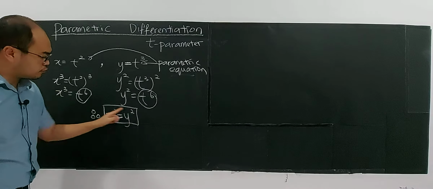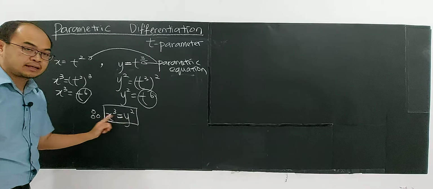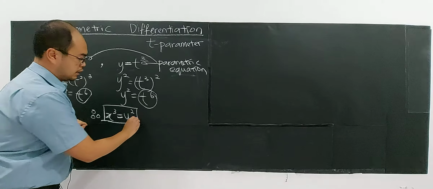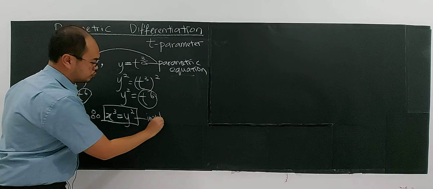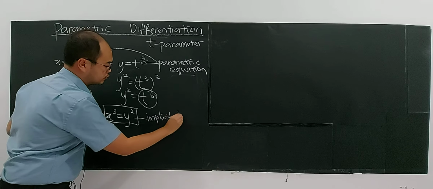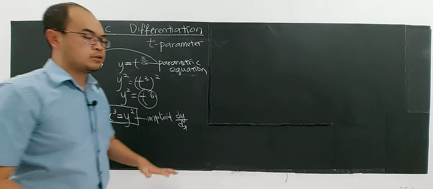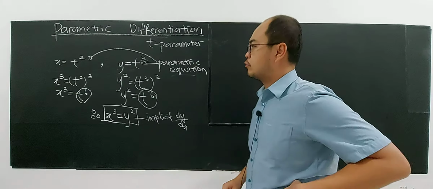The way of differentiating the direct form without the t is called implicit differentiation. I'm going to show you in this video, which is the introduction to parametric equations.